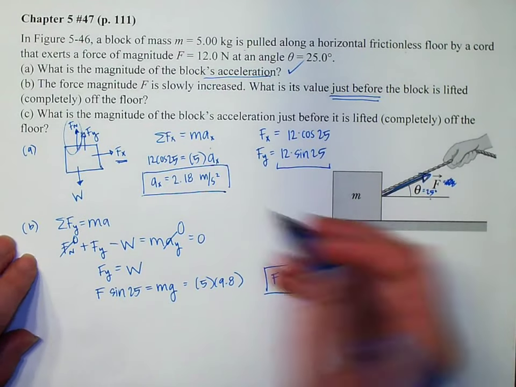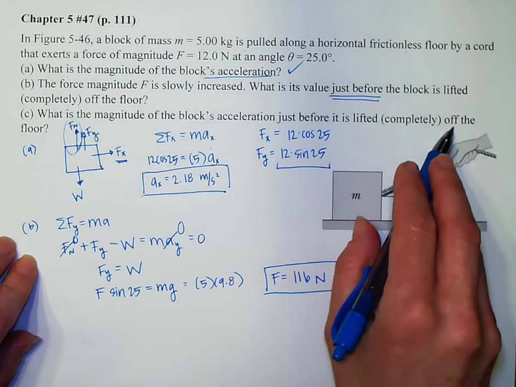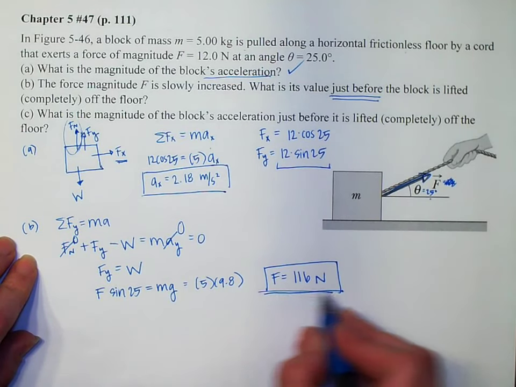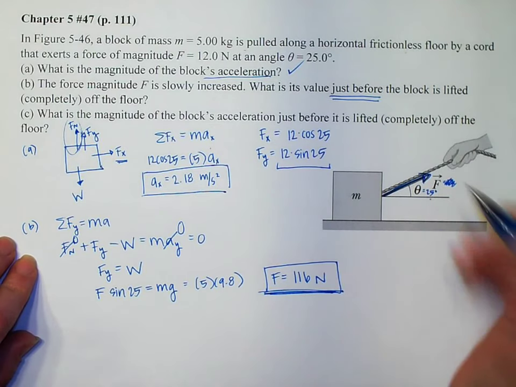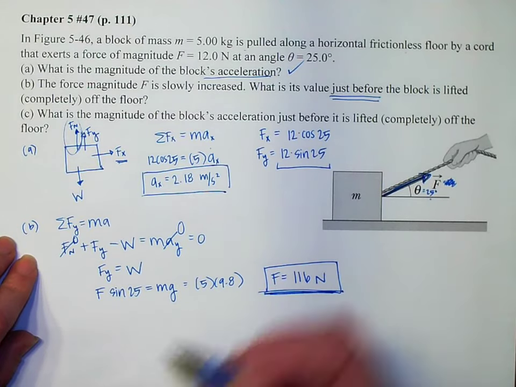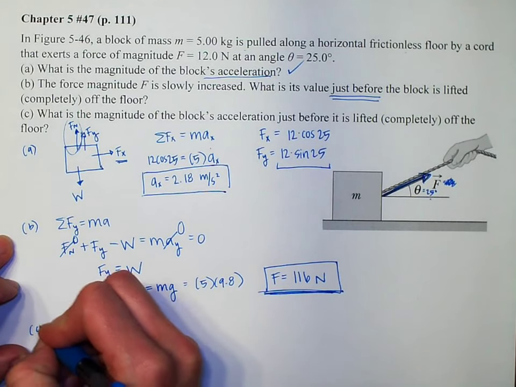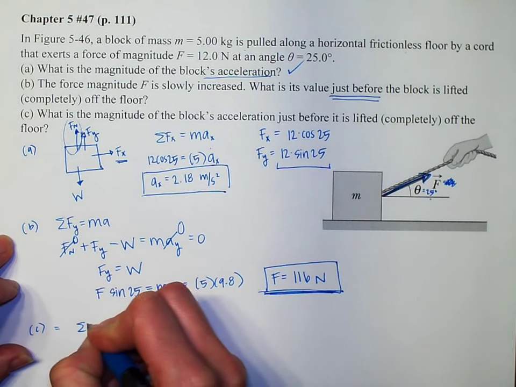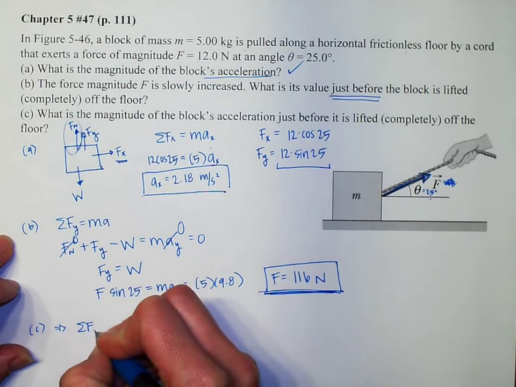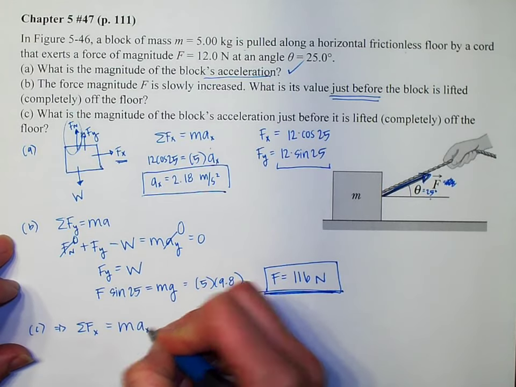So lastly, we need to figure out what is the magnitude of the block's acceleration just before it's completely lifted off the floor. So that is dealing with the same exact situation. We still have our total force here of 116 newtons. And so then we're going to go back to what we did in the first situation. And so I will have the sum of the forces in the x direction equals mass times acceleration in the x.